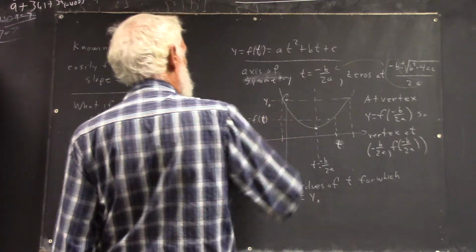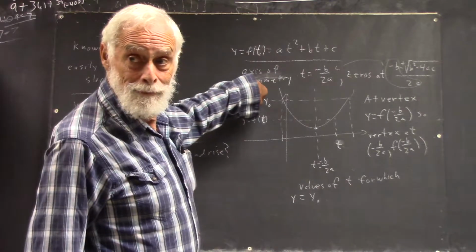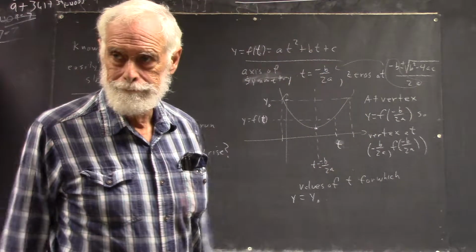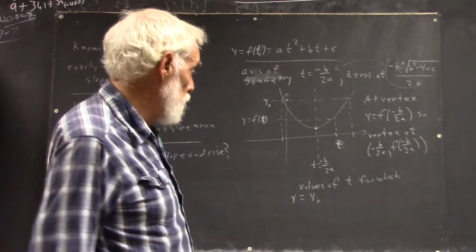I'm going to call this y sub 0, just to distinguish it from y, for which the y coordinate is this. Now that's something we did first week of class, right? So you know how those questions are phrased.